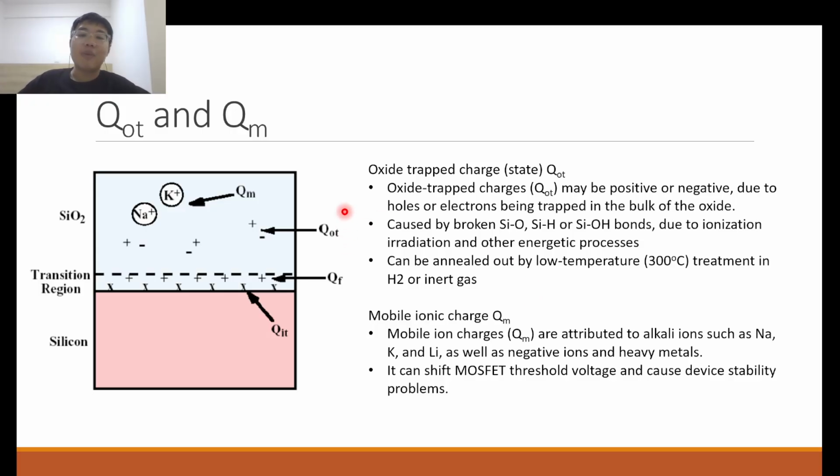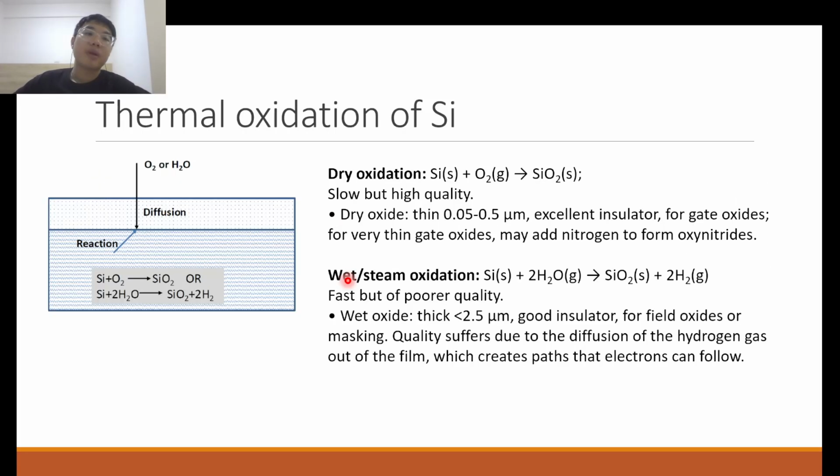Because these ions are mobile, they can move when a voltage is applied, which is always the case when you want to turn on the MOSFET, and so they can cause the threshold voltage to shift and affect the device stability.